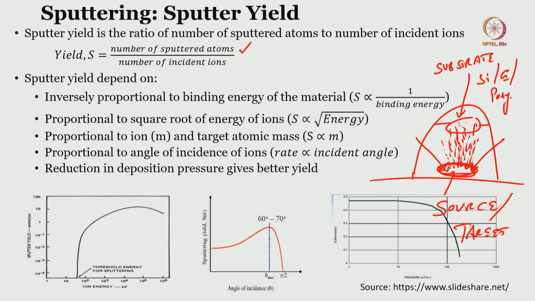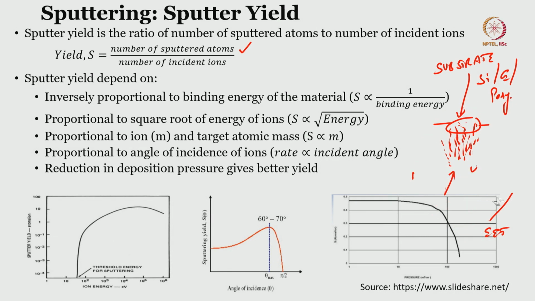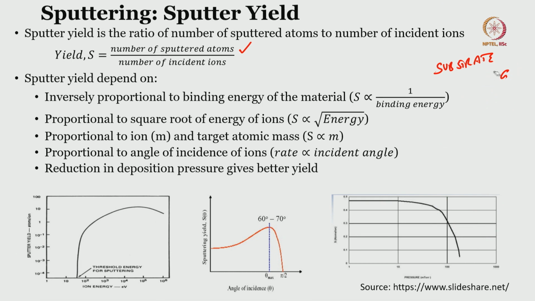Now, these graphs or plots show the same thing. So, let us understand these plots. Let me again use the eraser and erase this particular drawing, and then when we see these plots, what we see? We see that the y axis is sputtering yield, x axis is ion energy.